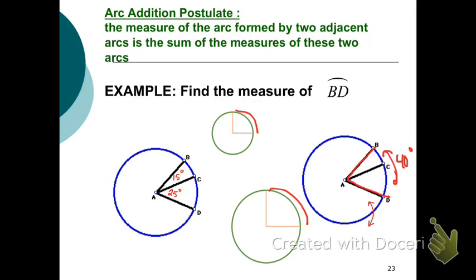Do those two arcs that I've just indicated with the red lines, do those have the same measure? Yes. Are they congruent arcs? Possibly. Why or why not? Because they could have the same radius, and they could. They may or may not have the same radius.